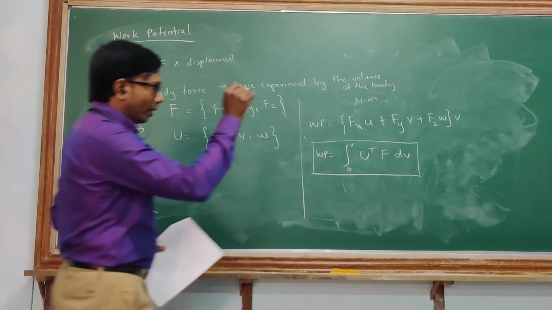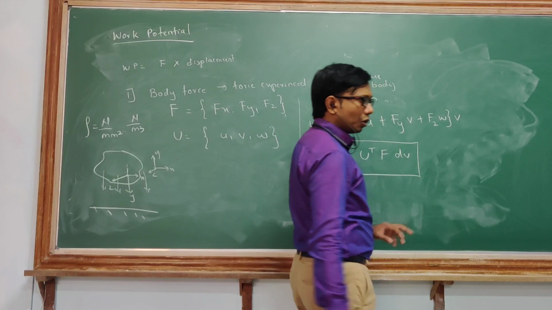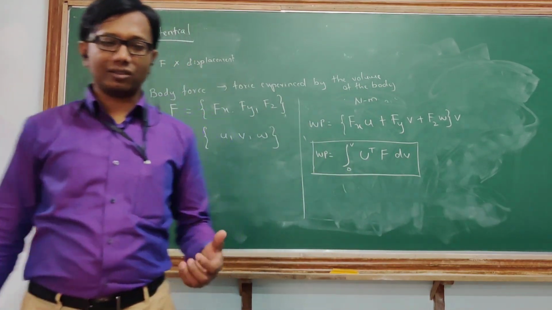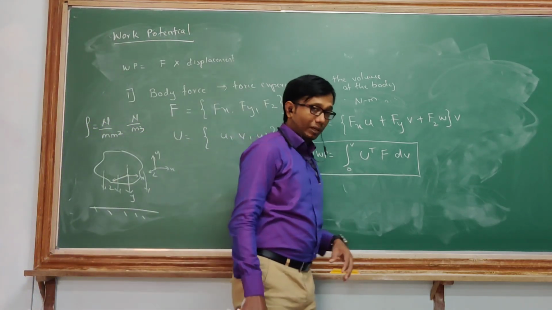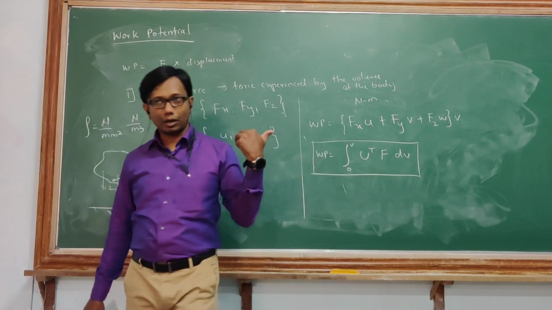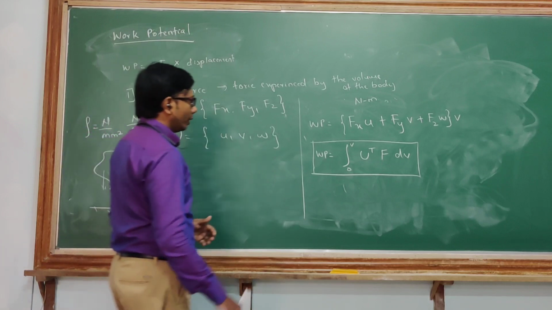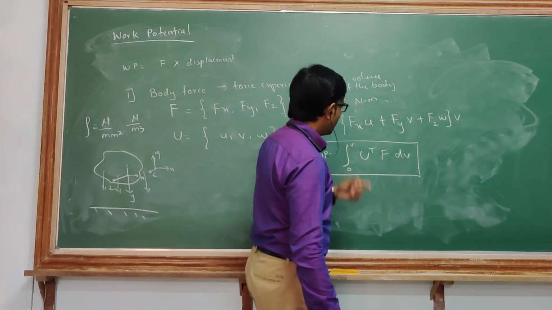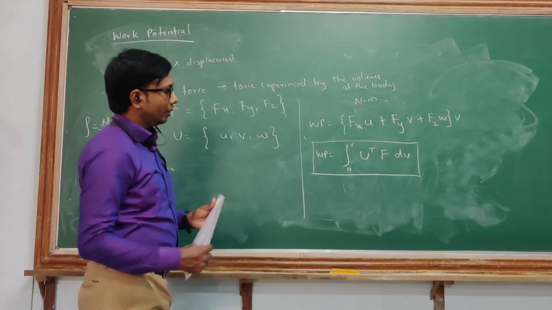Whatever solutions we do in the later FEM cases will be matrix multiplications, so we use the transpose here. So U transpose into F into dV gives the work potential for body force. This is an important equation. You need to remember this equation.